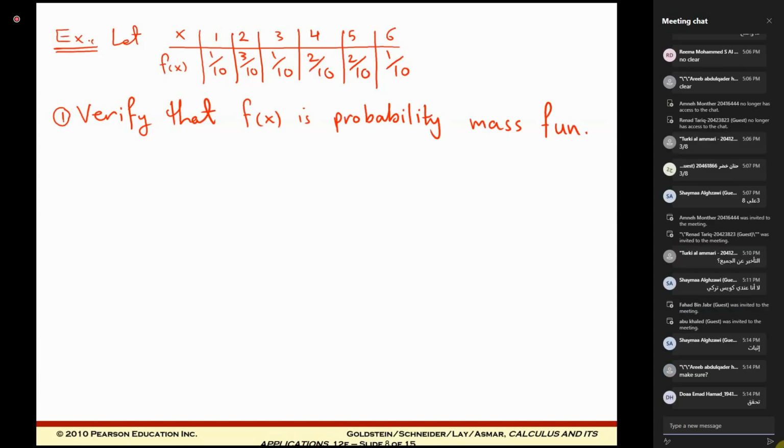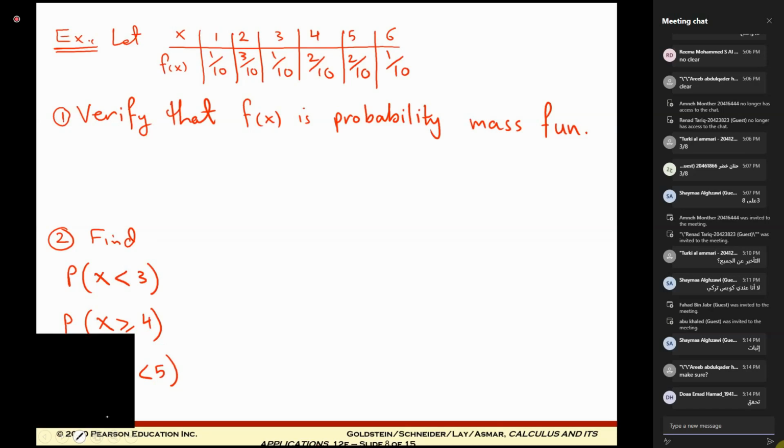Number 2, find the probability x less than 3, the probability x greater than or equal to 4, and the probability x greater than or equal to 3 and less than 5.